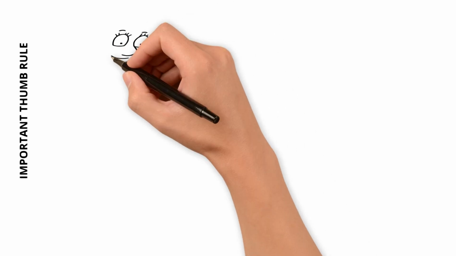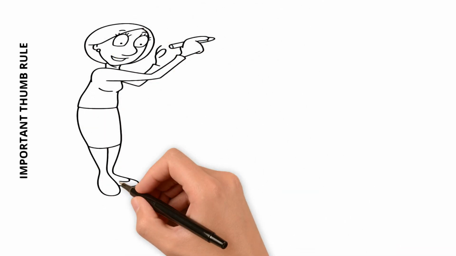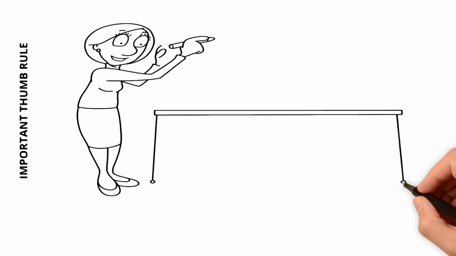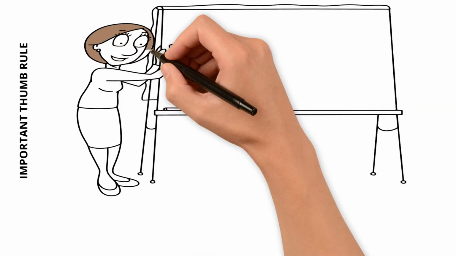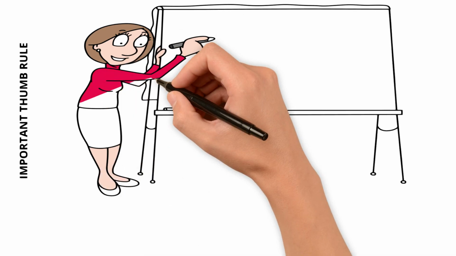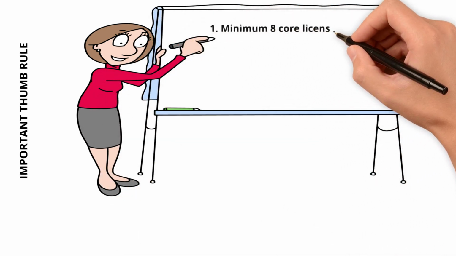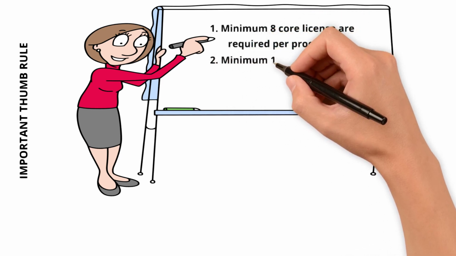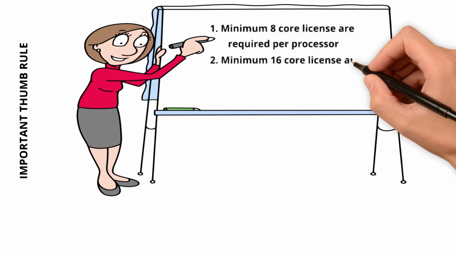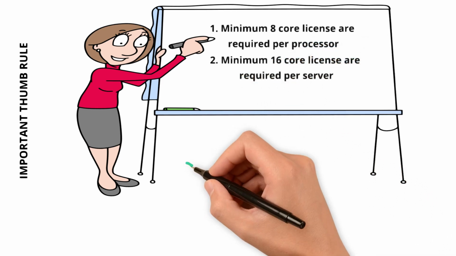Now come the two main thumb rules which define how we calculate the licensing and the licensing metric for both of them. The first thumb rule is that a minimum of 8 core licenses are required to license a processor, and a minimum of 16 core licenses are required per server.